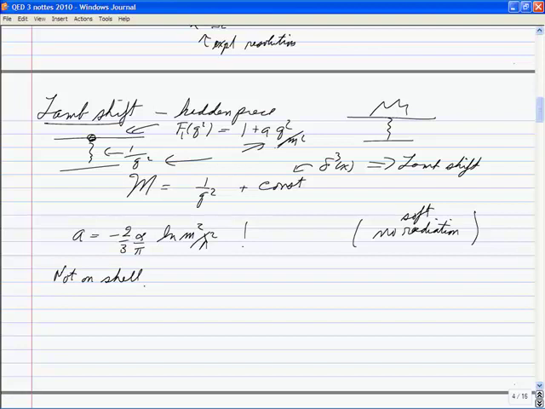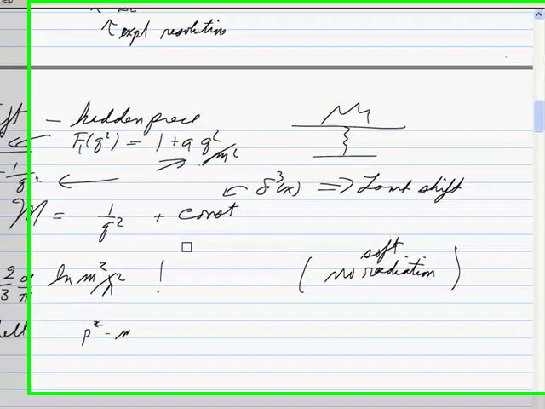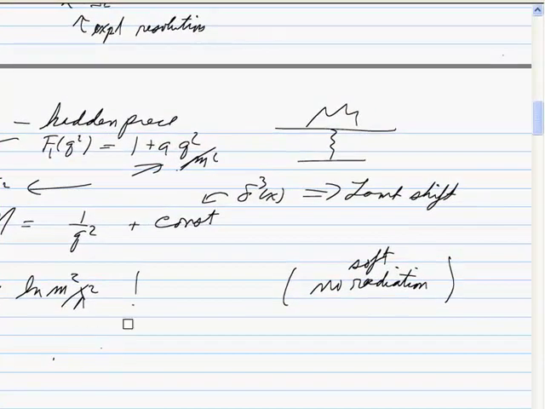So remember, the divergences that we got before came from taking p minus k squared minus m squared going like 2p dot k.